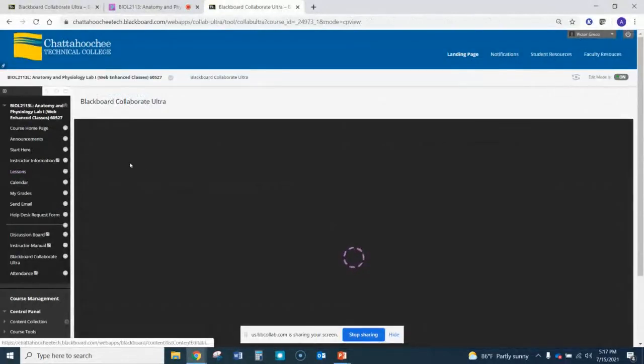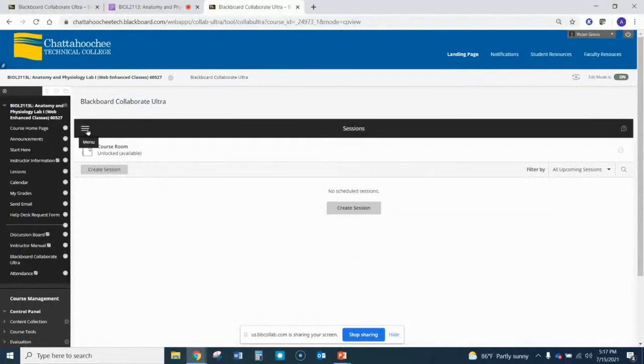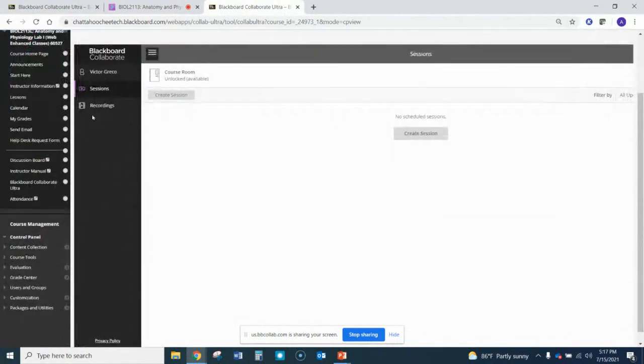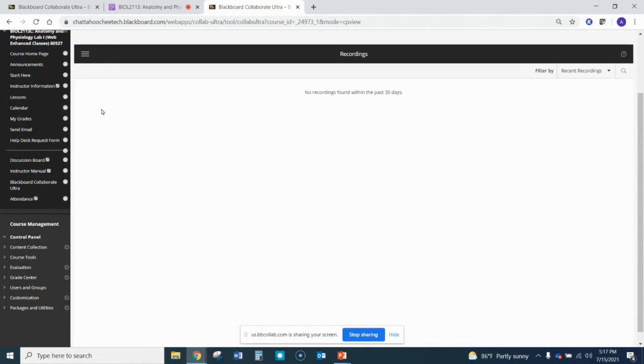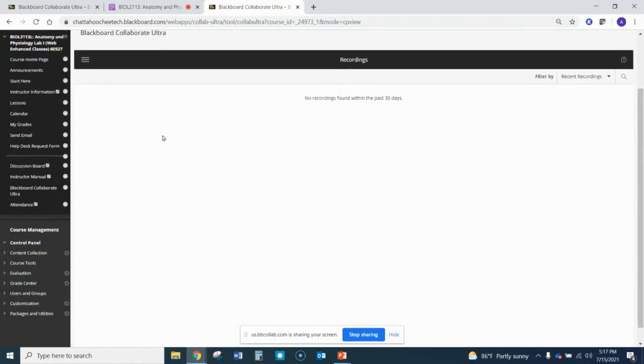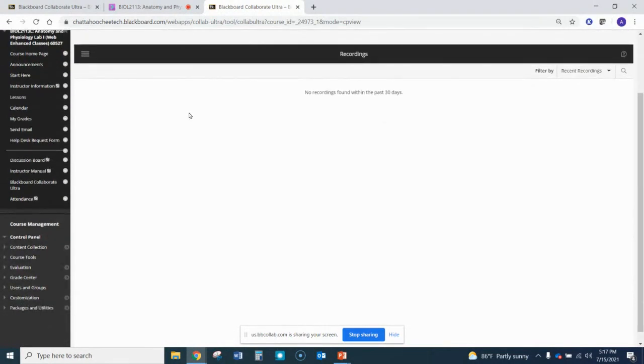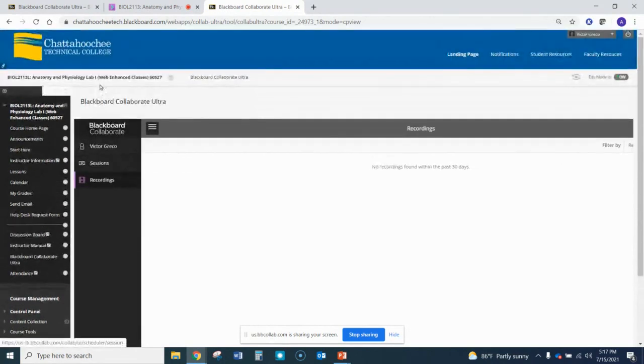When you get into Blackboard Collaborate Ultra, there's these 3 little lines right here, the menu. This is where you went into the course room, but just click on those. And then here's the recordings. Well, I'm not sure why it says nothing in the past 30 days. Oh, you know what? I went into the wrong class.